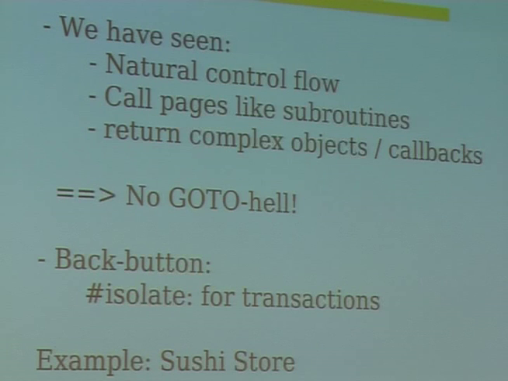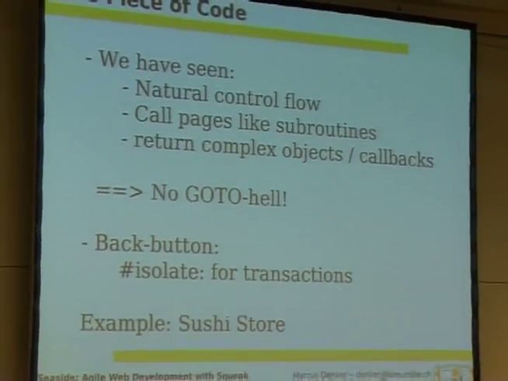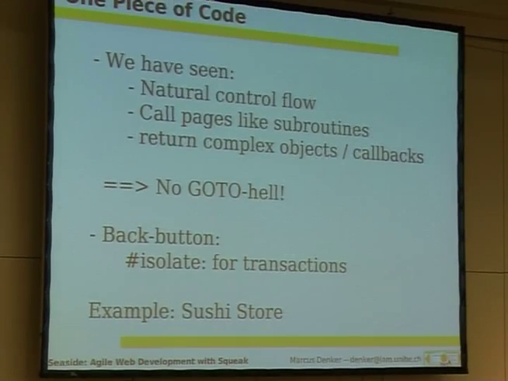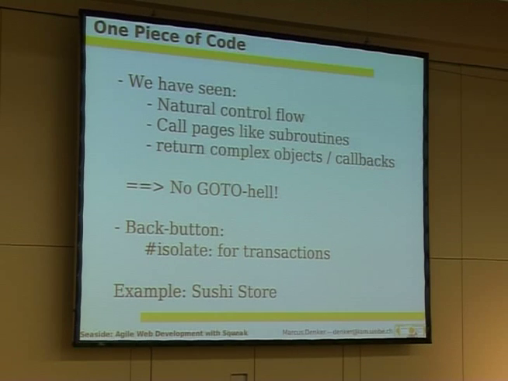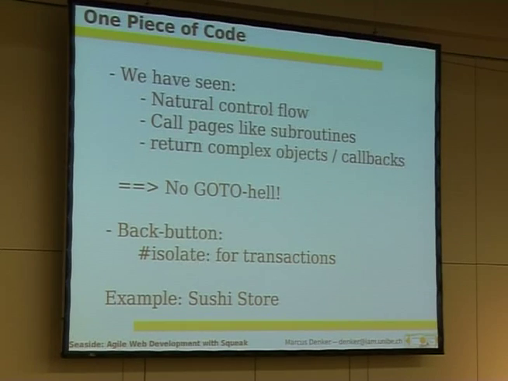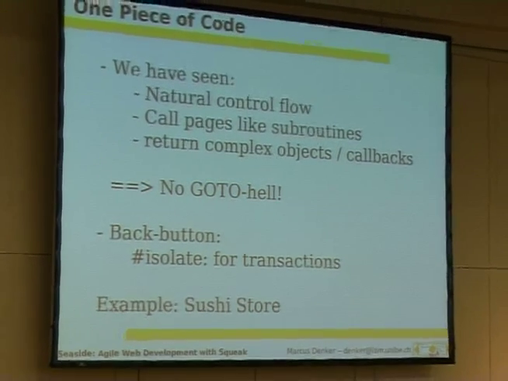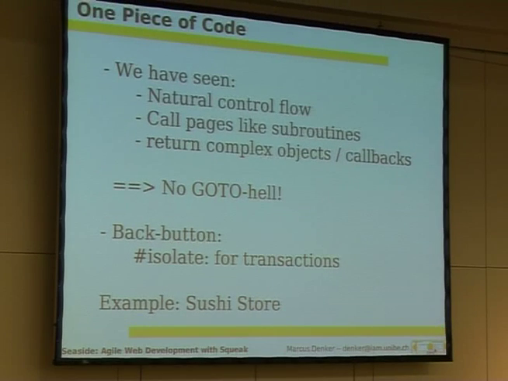So we have already seen that the control flow is kind of natural, like you would expect in a normal GUI application, like if you program a GNOME application or something like that. Pages in this system can be called like subroutines. So you can just say, I call my component, and the component returns a value, and it can store it in an instance variable and stuff like that.